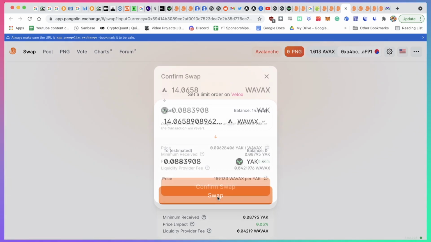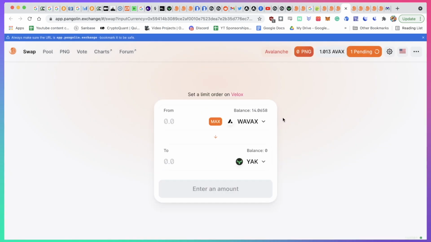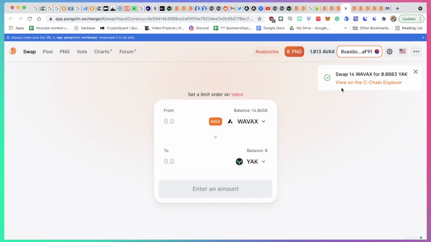So I'll click on swap, confirm swap. Perfect, that was done. So I've bought some Yield Yak tokens and I bought some Benqi tokens.